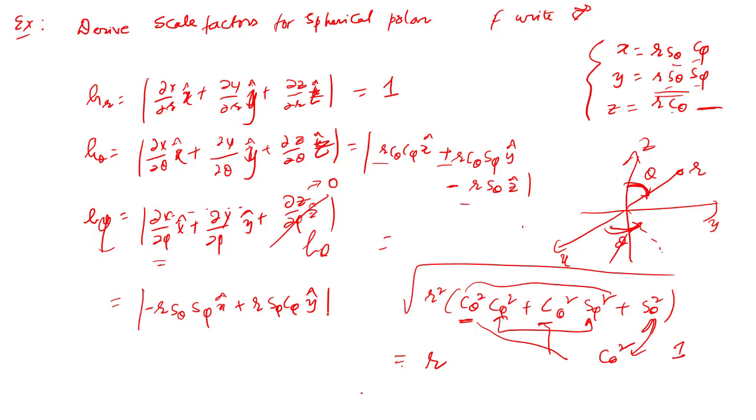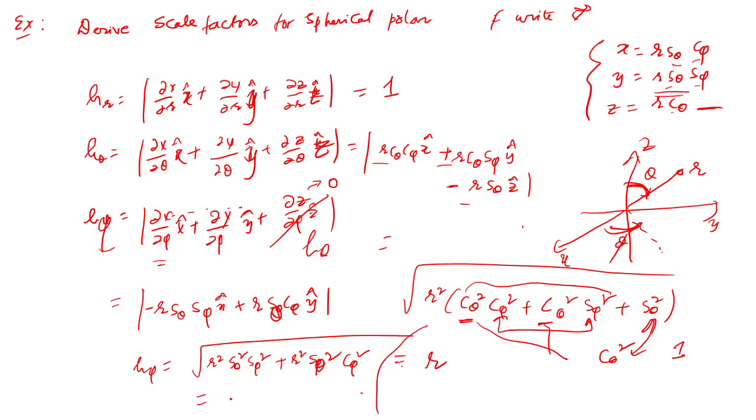Then the magnitude of that for h phi would be the square root of r squared sin squared theta sin squared phi plus r squared sin squared theta cos squared phi. Then I would have this give me r sine theta.